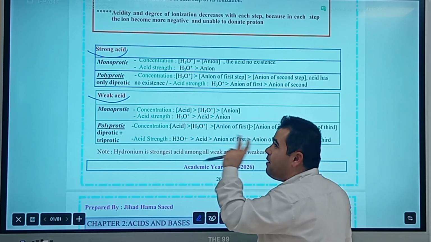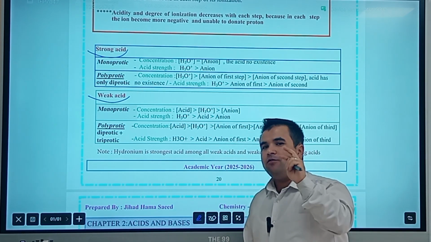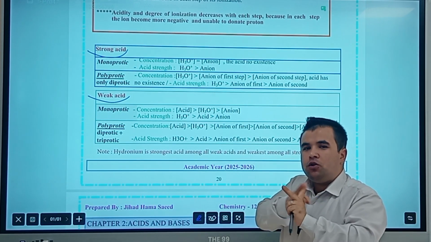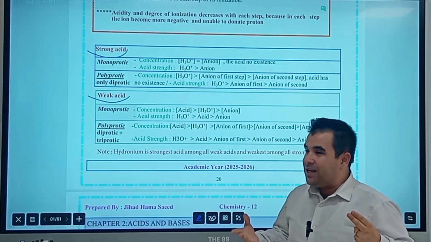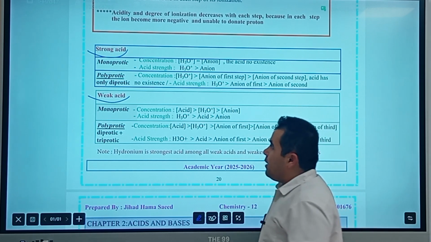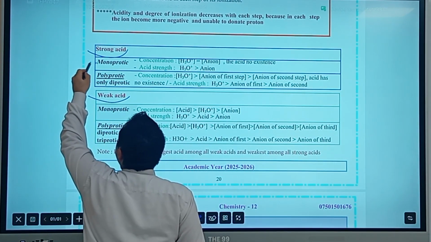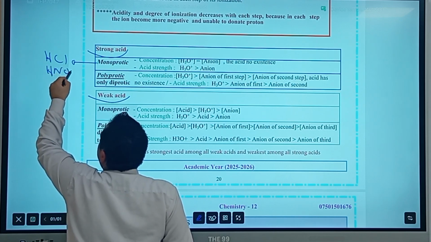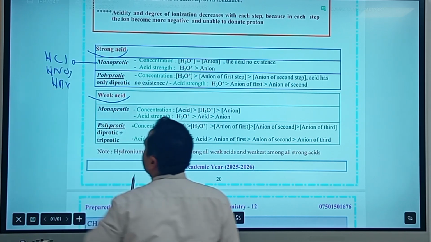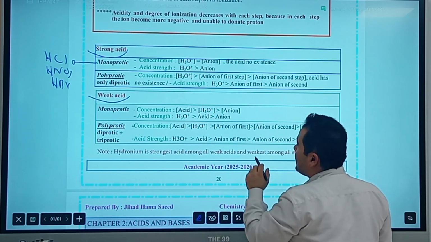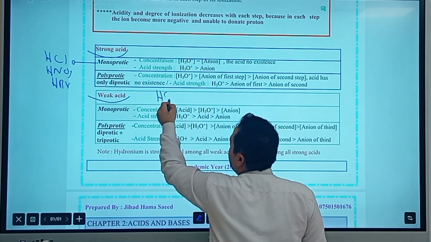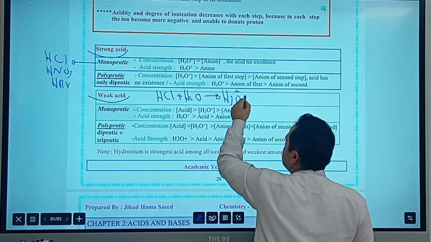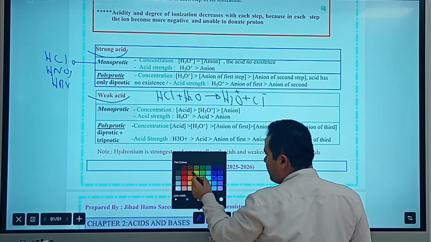Guys, for every one of these acids, we have to answer two types of questions. First, in terms of concentration. Second, in terms of the strength of the acidity. For monoprotic strong acids like HCl, HNO3, HBr, and so on, if we take an example, HCl plus H2O will produce hydronium and Cl negative.